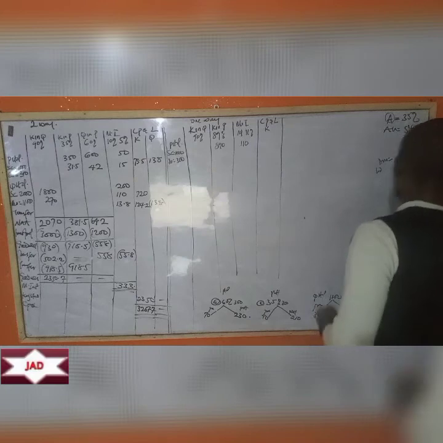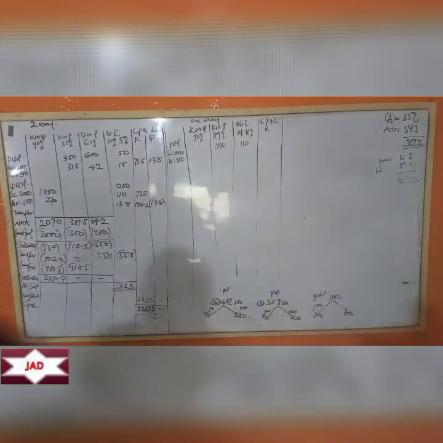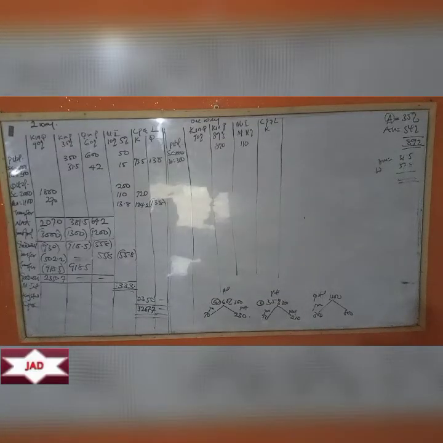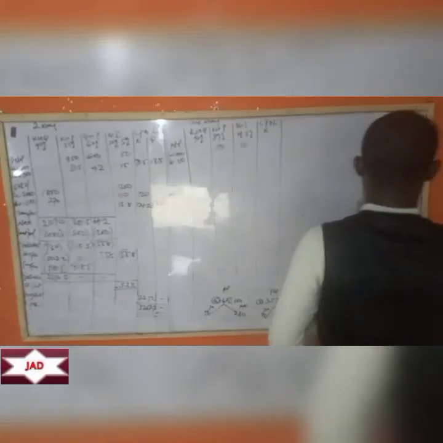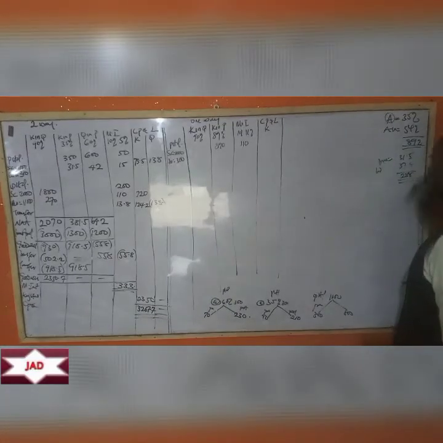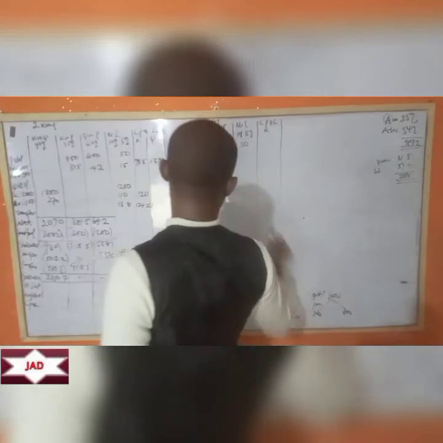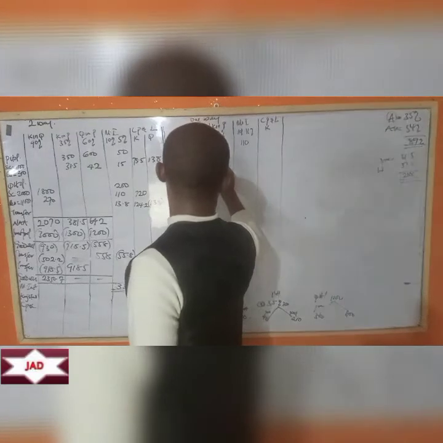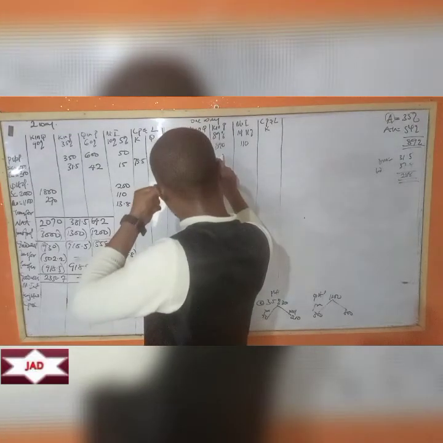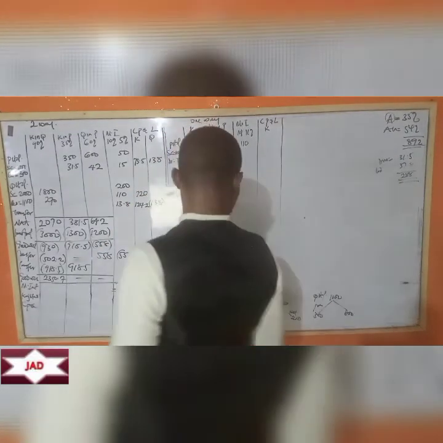So when we add up, what do we have? 37.8 plus 31.5. We have 288? So that's what's going to be the pre.